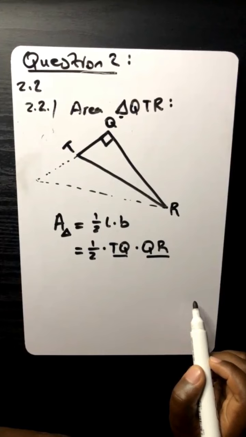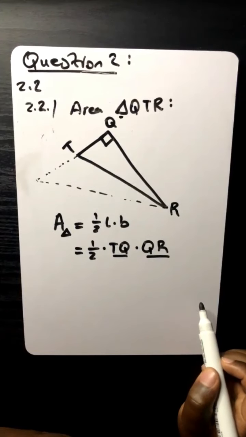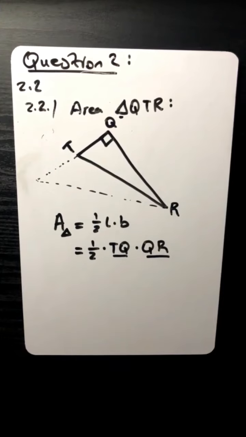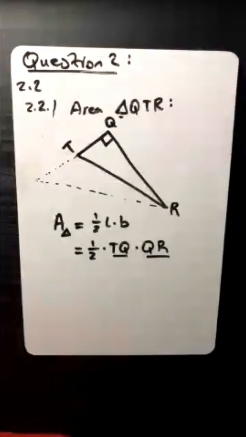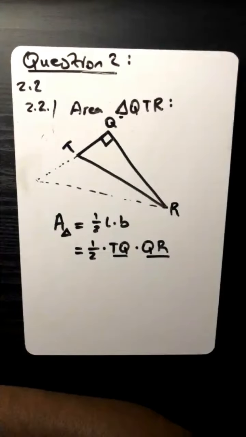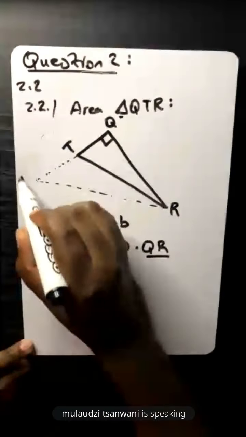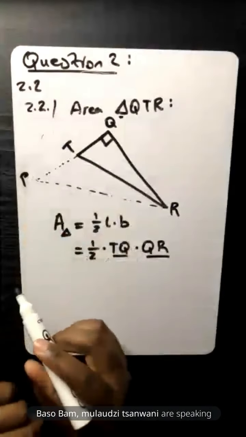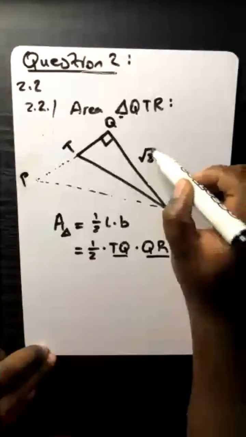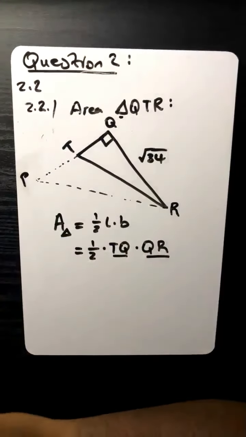Here comes the question, guys. Do we know the length of QR? Yes, we do. What is it? It is equal to the length of PQ, which is the square root of 34. 100%.